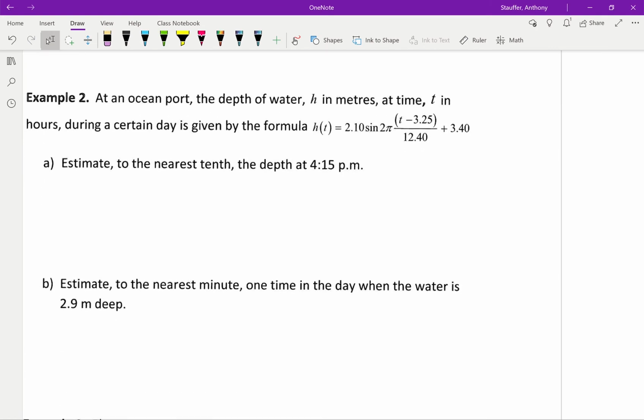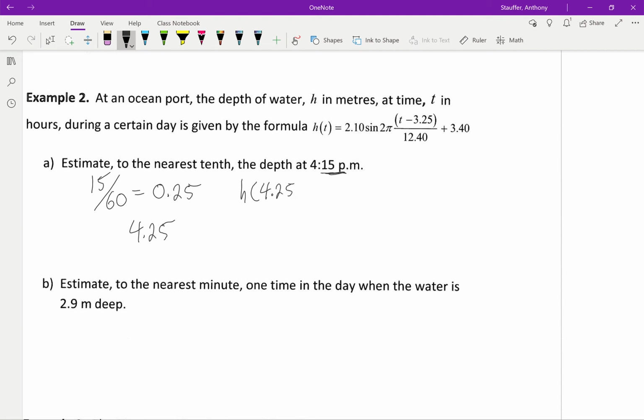Estimate to the nearest tenth the depth at 4:15 p.m. So we notice here again, I run into that problem with the 4:15 p.m. I need to take that and convert it into the decimal. Well, I have 15 minutes of the 60 total minutes, so that would give me 0.25. So this would represent 4.25. Since it represents 4.25, I substitute that into my equation.